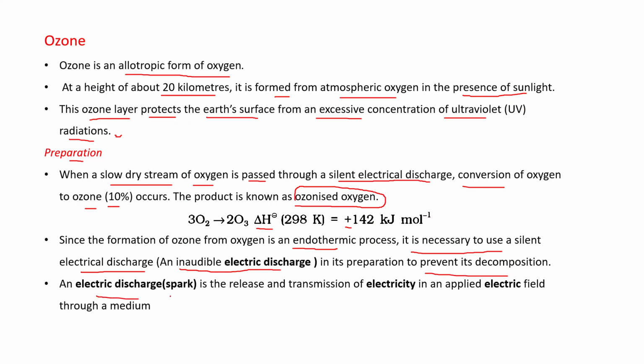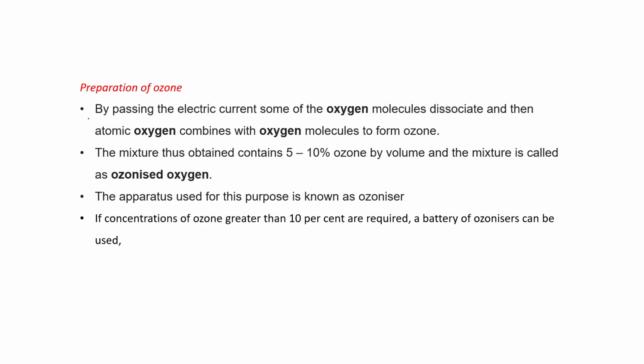An electric discharge is simply a spark, the release and transmission of electricity in an applied electric field through a medium. By passing the electric current, some of the oxygen molecules dissociate and then atomic oxygen combines with oxygen molecules to form ozone.